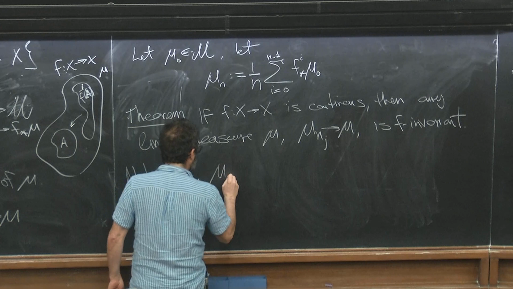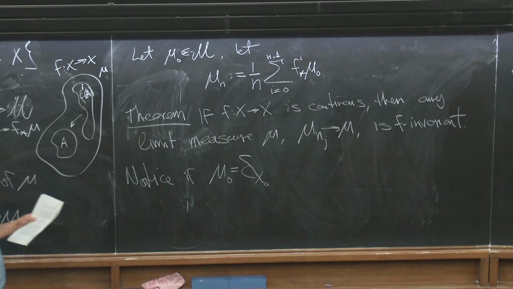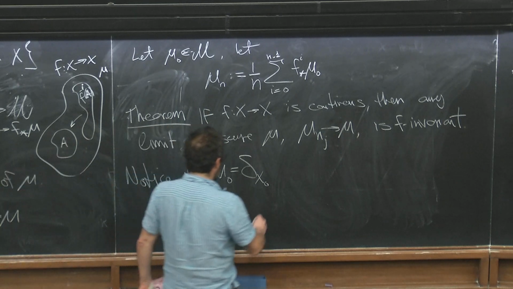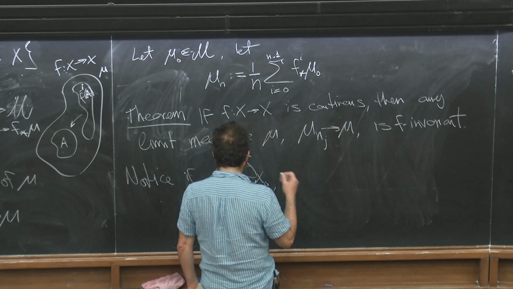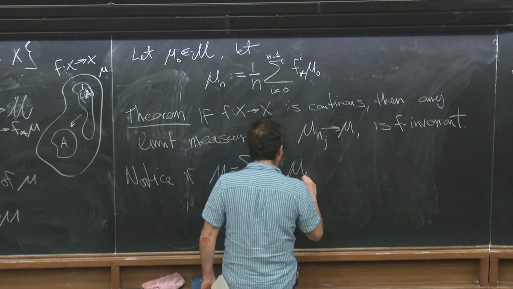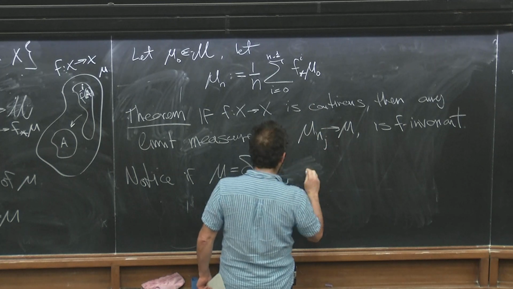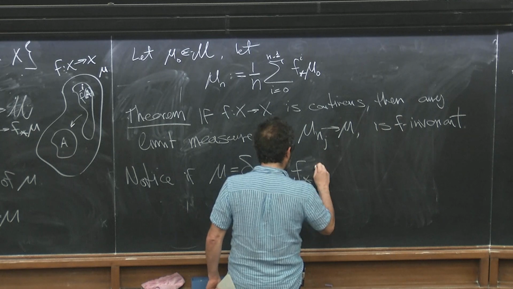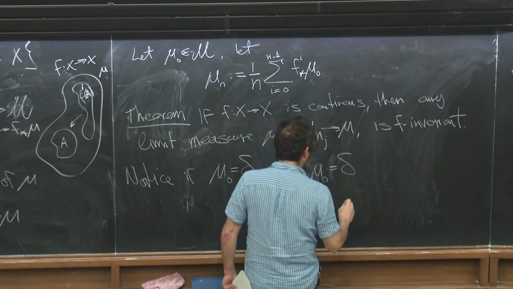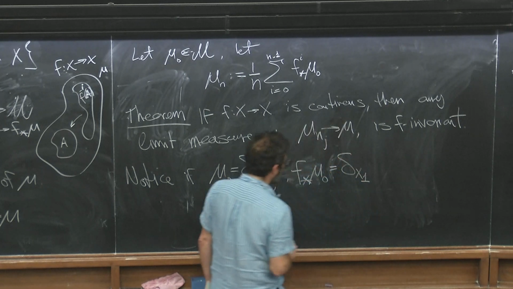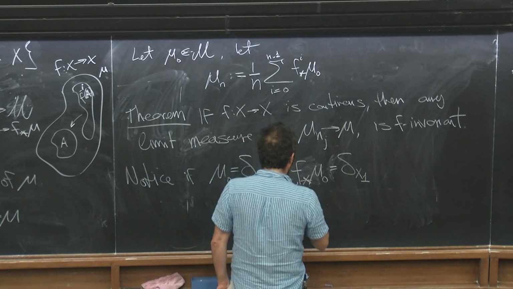notice that if mu0 is equal to the Dirac delta on some point x0, then what is mu1? Maybe I will leave this also as an exercise, but it's easy to see that mu1, that is, f star of mu0, is exactly equal to delta in x1. Because what is f star of mu0?